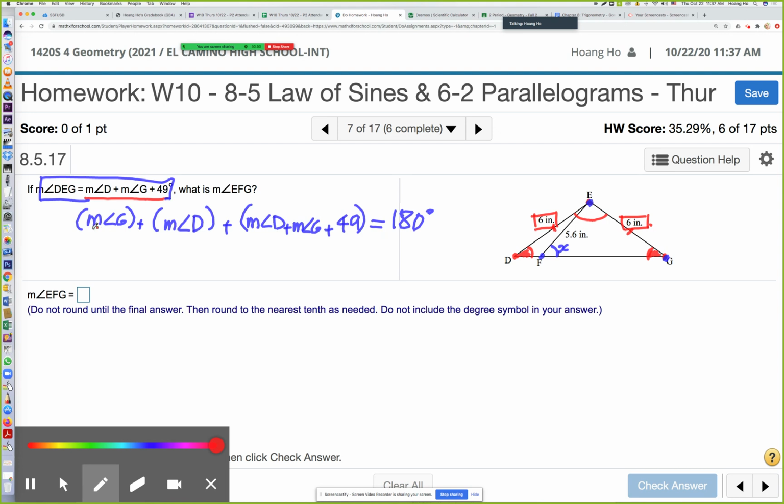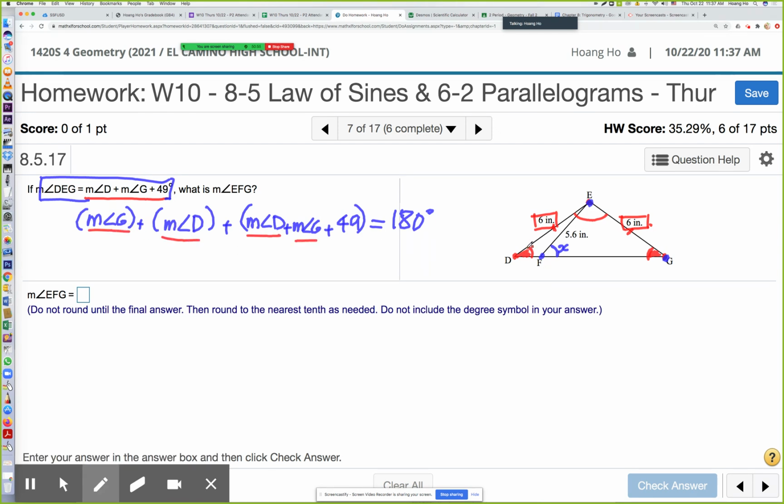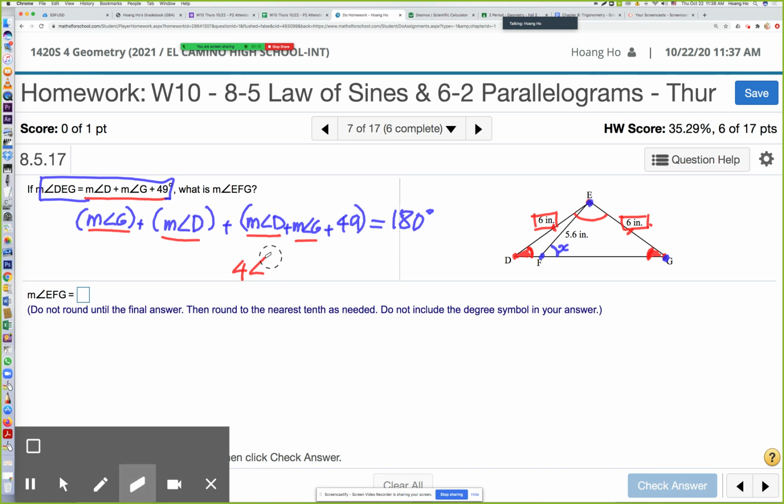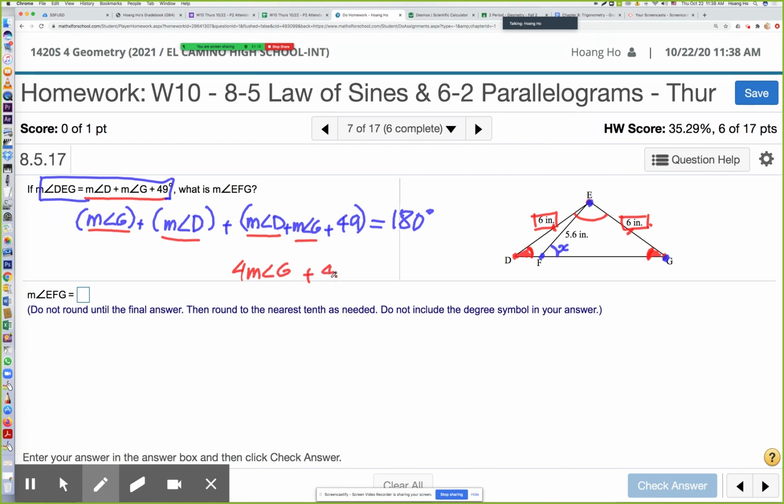We have angle G, angle D, angle D, angle G. Angle D and angle G equal each other because the big triangle EDG is isosceles. So you get angle G, this one also angle G, this is angle G, so you get 4 times angle G. So 4 times the measure of angle G, added with 49 degrees, equals 180 degrees.